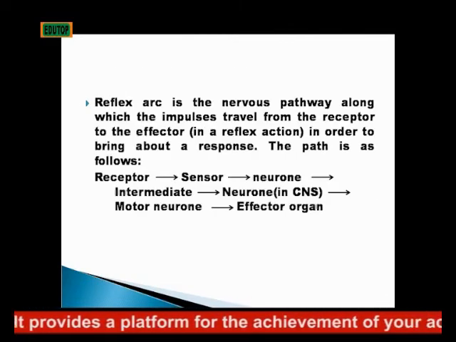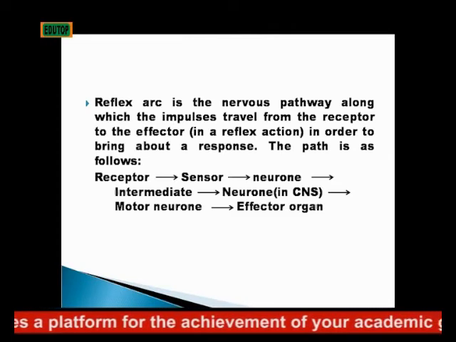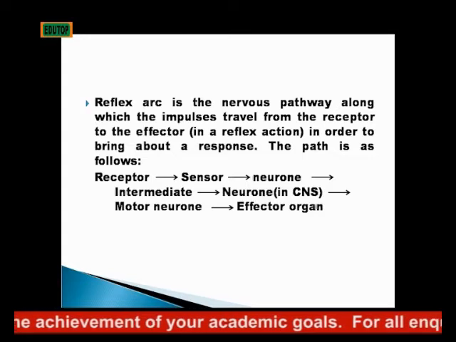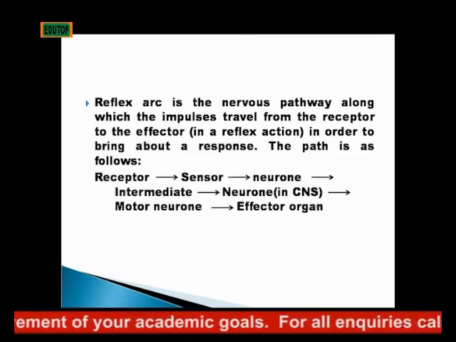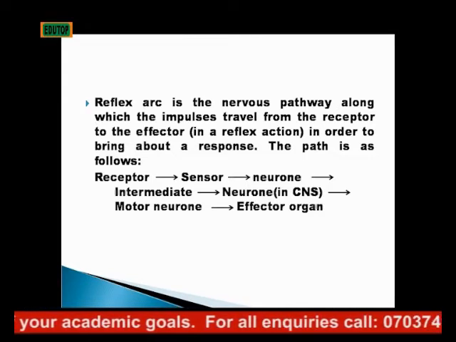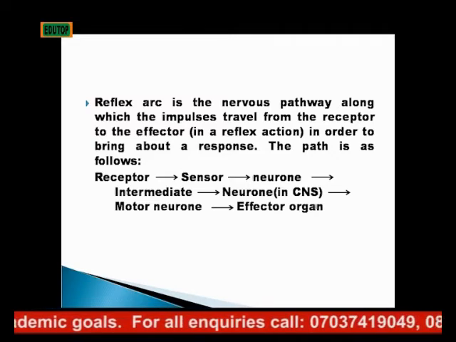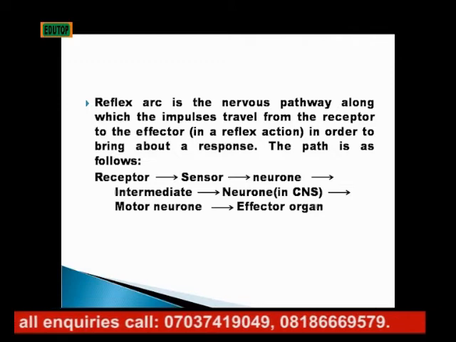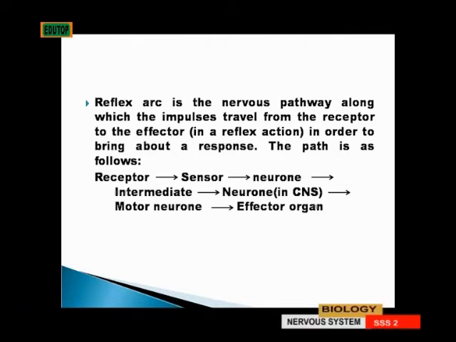A reflex arc is the nervous pathway along which impulses travel from the receptor to the effector in a reflex action in order to bring about a response. It is the pathway by which impulses travel from where the receptor receives the impulse to where the action is actually performed.